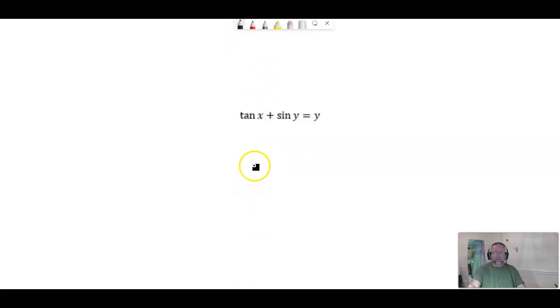All right. So let's go ahead and we want to find y prime. So I'm going to go ahead and differentiate the three terms with respect to x. The first term is tangent of x, whose derivative is secant squared of x. And I took the derivative with respect to x, so I don't need to add anything new there. Plus the derivative of sine of y is the cosine of y.